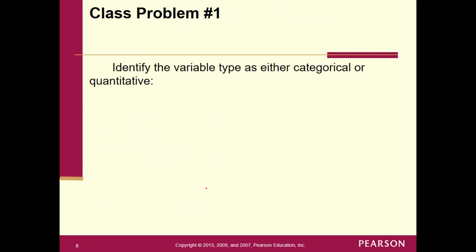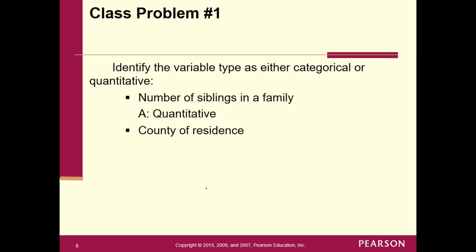All right, identify the variable type as either categorical or quantitative. Number of siblings in a family. That sounds like quantitative. County of residence. How would you answer it?